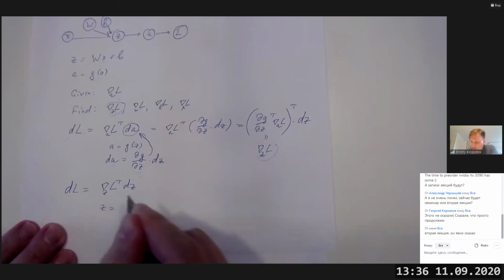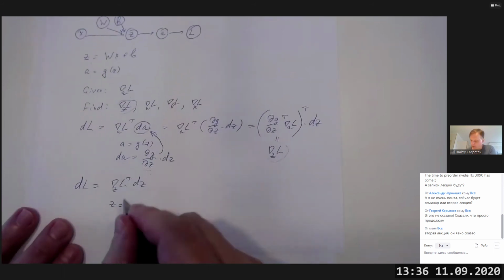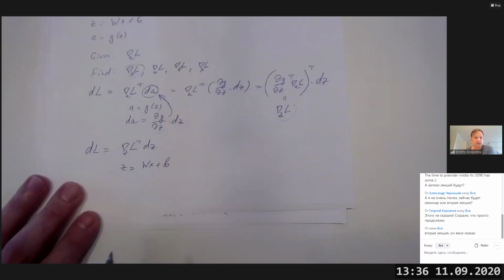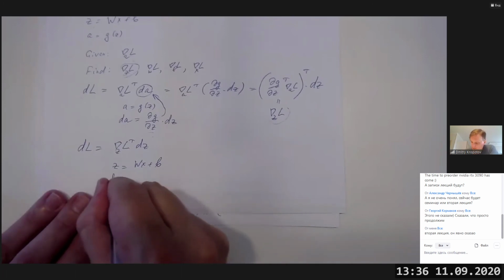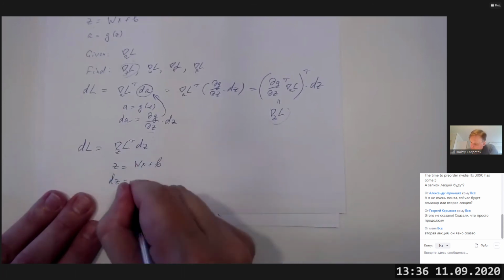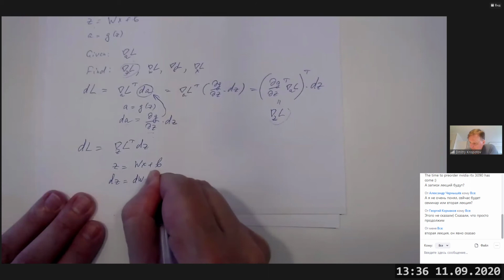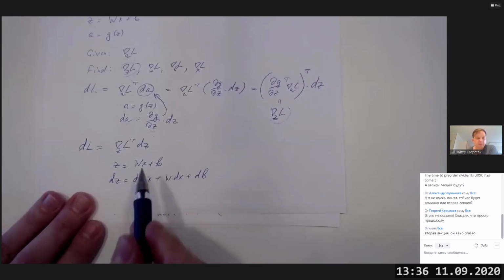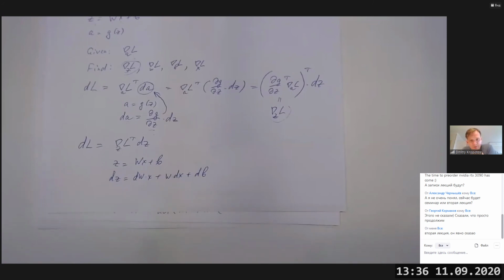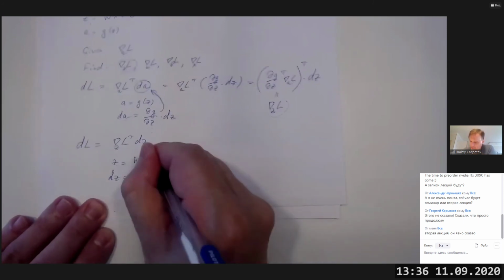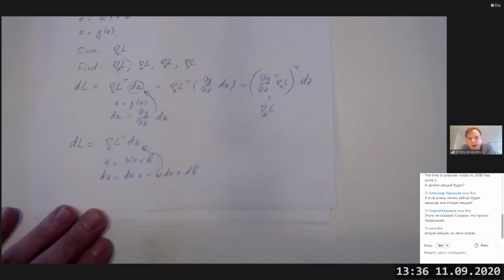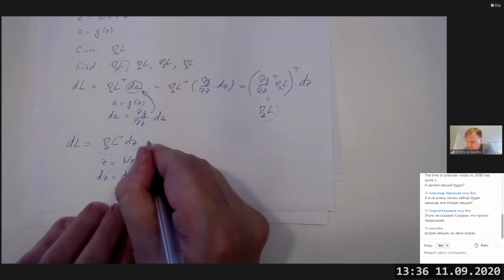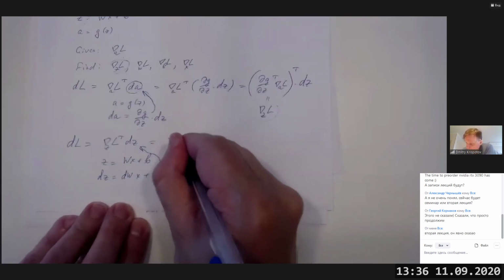Then we know that our z expression is a linear transformation. Then its differential is what? Just apply the standard rule for differentials and put this expression back here.